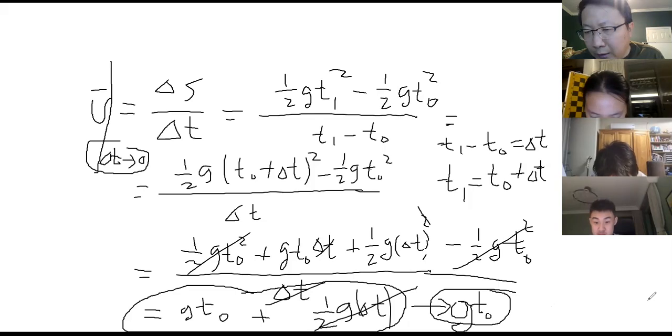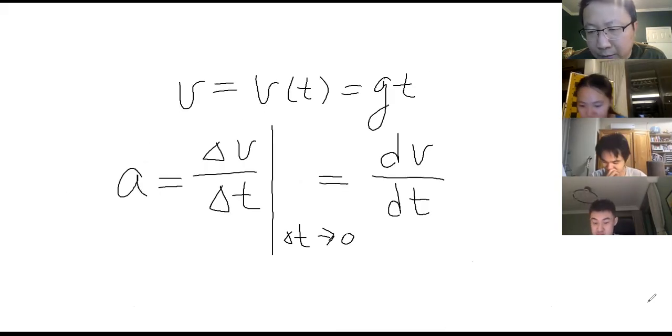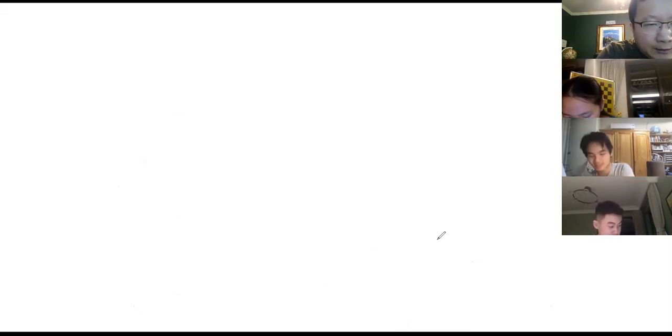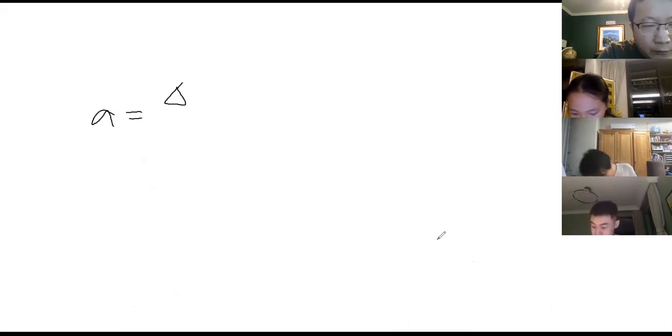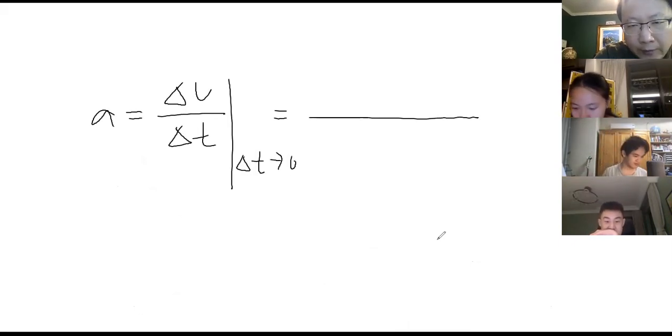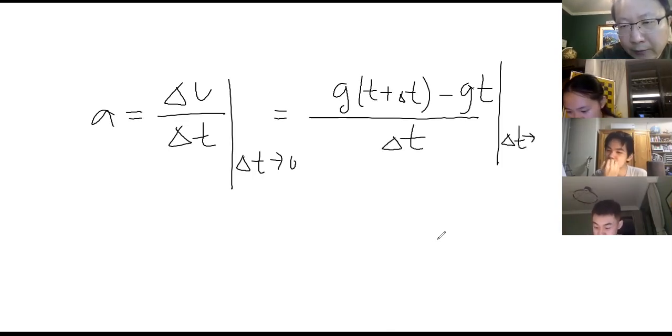Okay, can everybody do it, or do you have a question? Do you want me to do it? Okay, let me do it. So a equals delta v over delta t, and when delta t approaches 0, we have g(t plus delta t) minus gt, divided by delta t, and then delta t approaches 0.